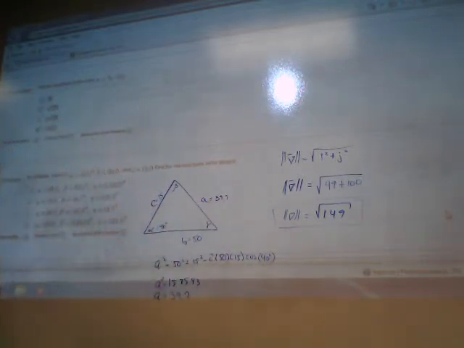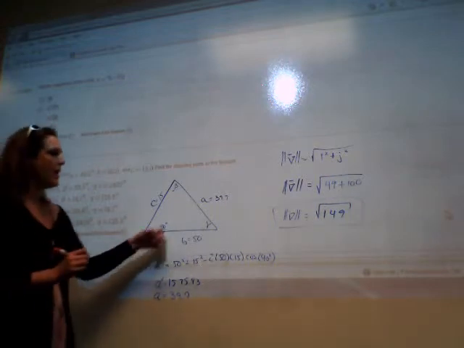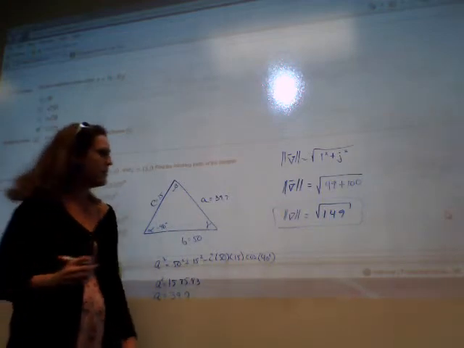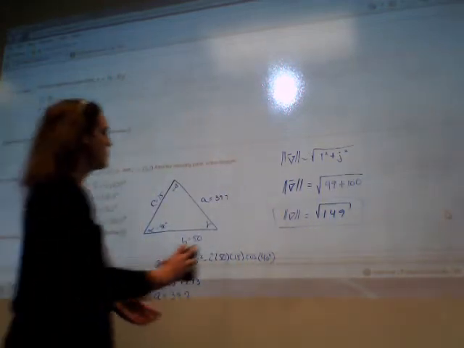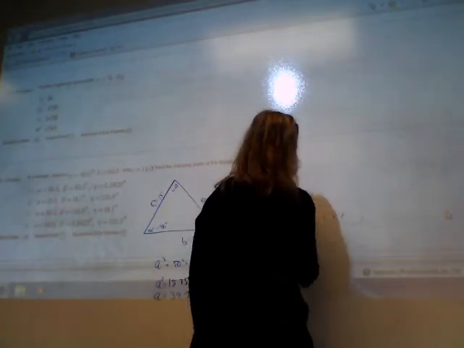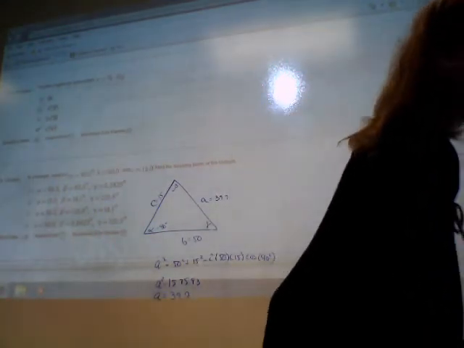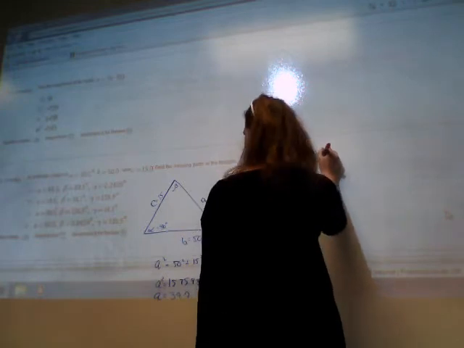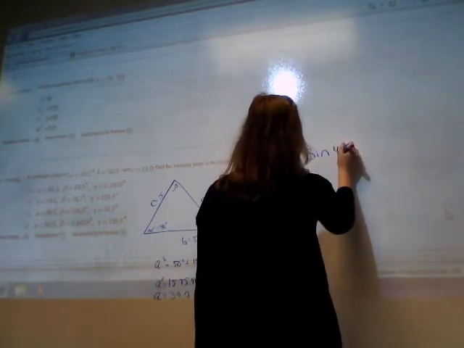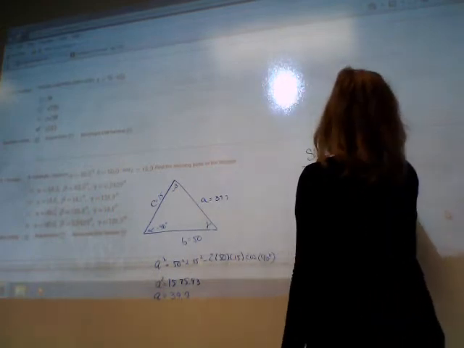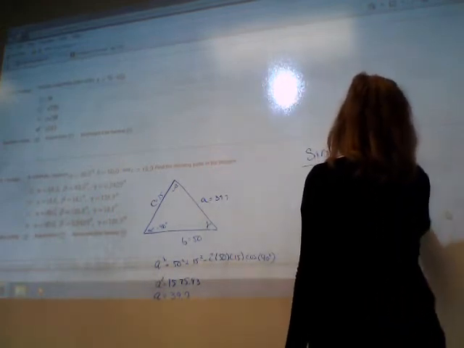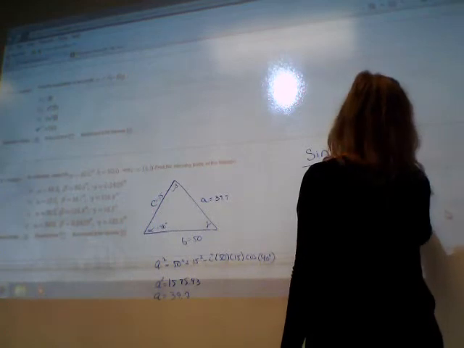Now what should we do? Now we should use law of sines, because now we have an angle with a side opposite of it. So let me erase my vectors. So we end up with the sine of 40 over 39.7 is equal to the sine of beta over 50.